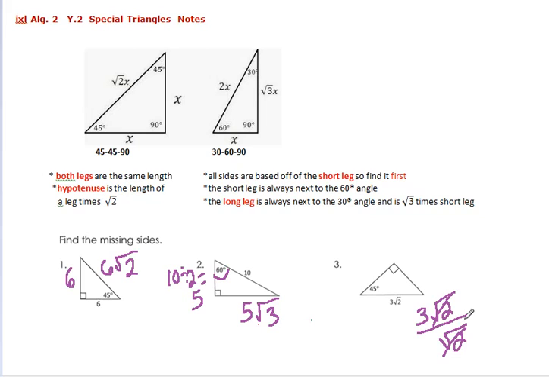These cancel out, so we know that the legs have to have a length of 3. If that gets confusing, think of it this way: this side had to be multiplied by the square root of 2, so to undo that multiplication, you divide by the square root of 2. Got it?